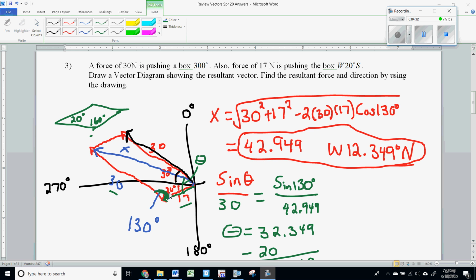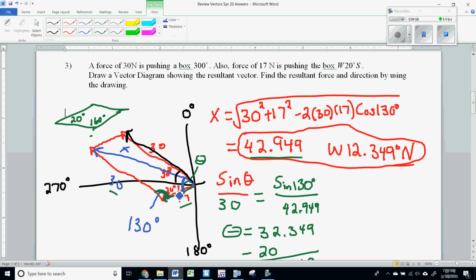Once I know this angle is 130, I can then use the law of cosines up top here to find my x, and I get my x to be 42.949. Next, I want to find my angle. Now, this angle in here is theta, is this angle right here of the triangle.